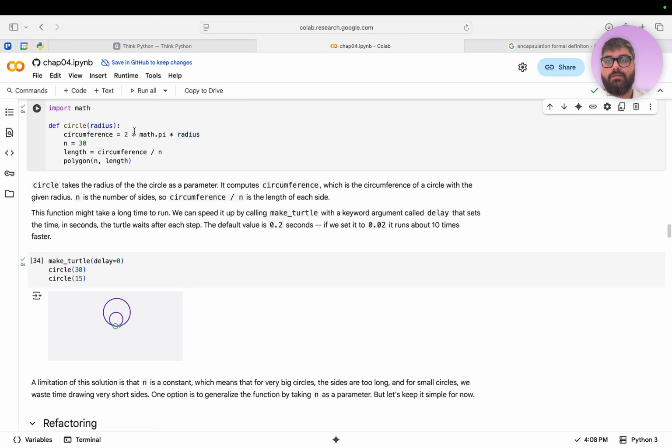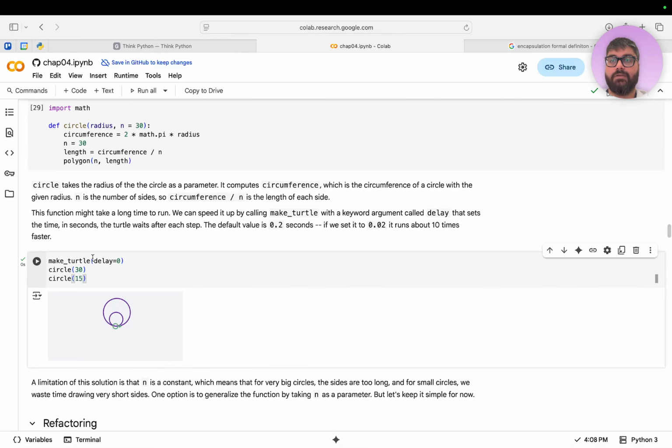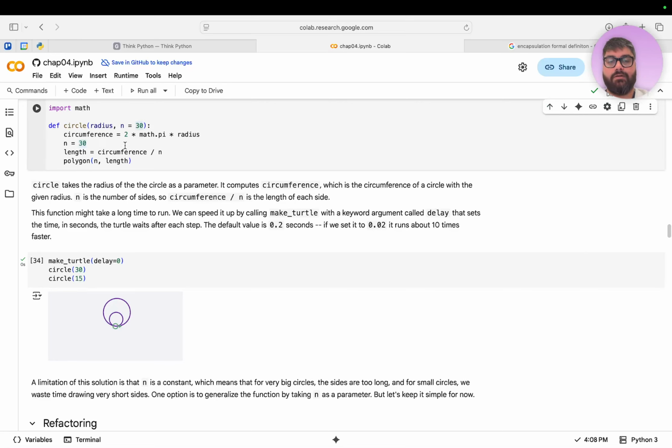In fact, I can do that like this, n equals 30. So that goes back to talking about setting up default values, and that way I don't have to change my code here at all, and it'll still work, and I don't have to use n in here.